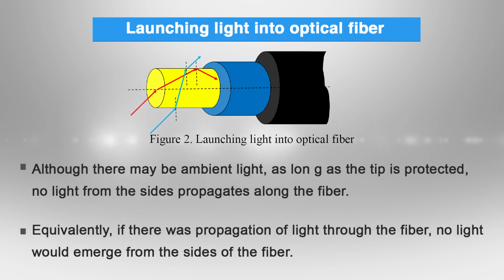Equivalently, if there was a propagation of light through the fiber, no light would emerge from the sides of the fiber. This characteristic of optical fiber imparts the advantage of information security to optical fiber communication technology.